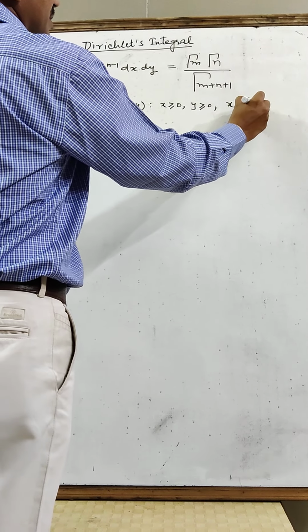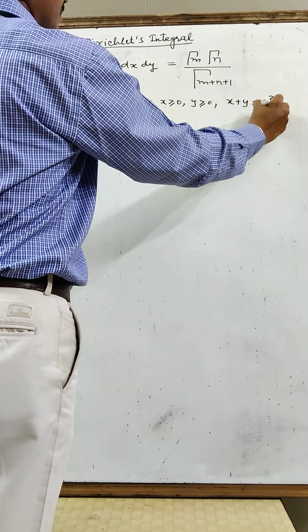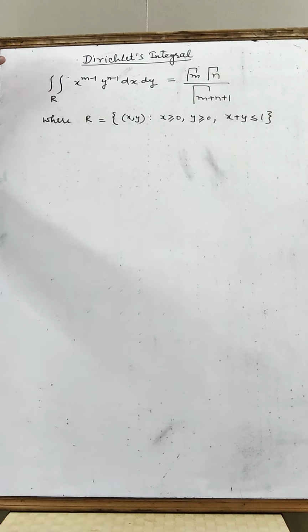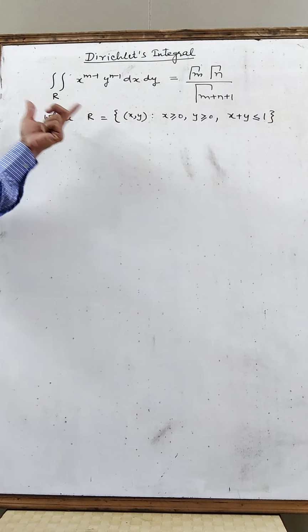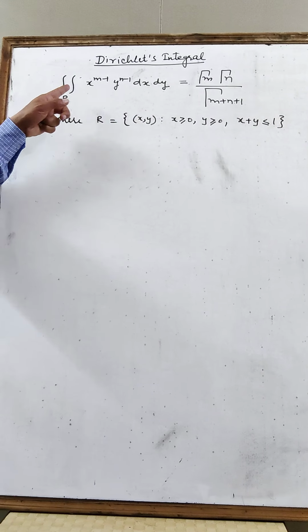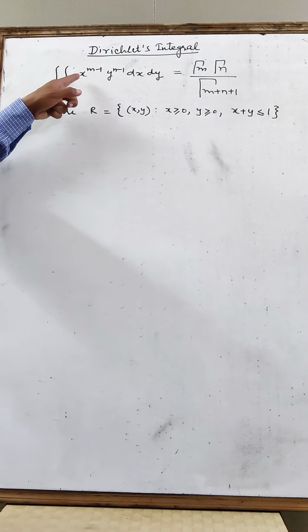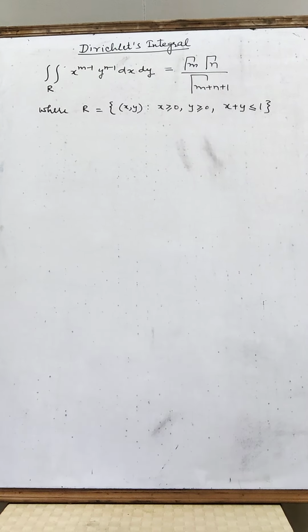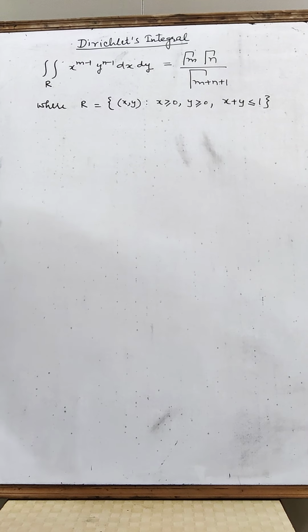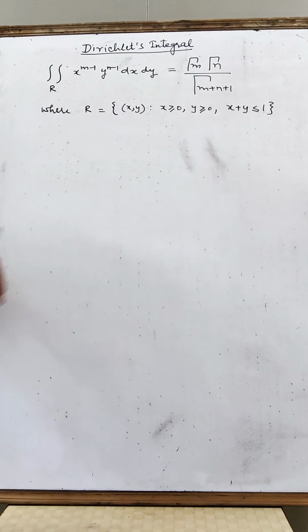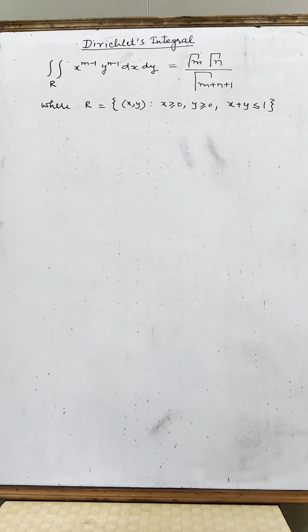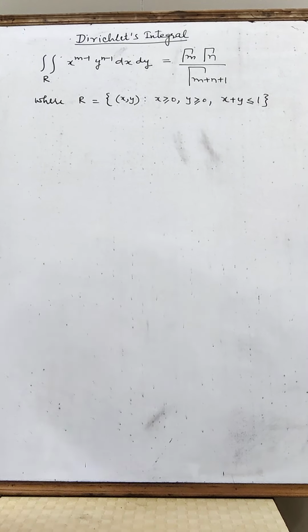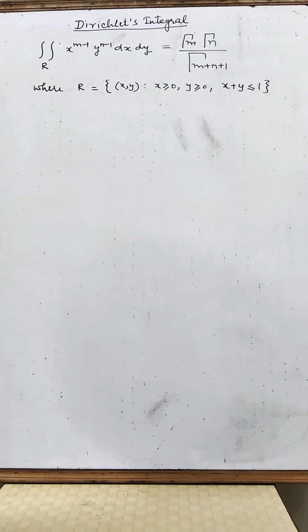So students, if we have to write our Dirichlet integral for a double integral, then it would be the double integral of x raised to the power m minus 1, y raised to the power n minus 1 dx dy over this special region, and it would be equal to gamma of m gamma of n over gamma of m plus n plus 1.